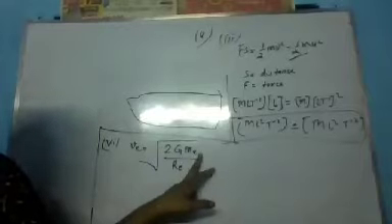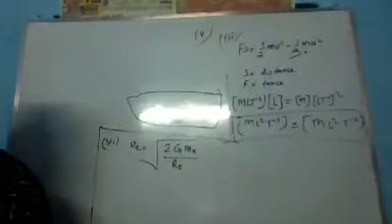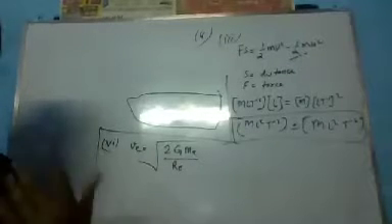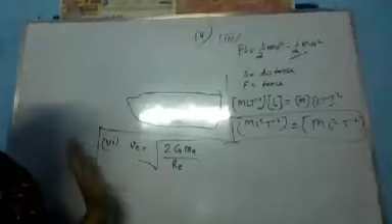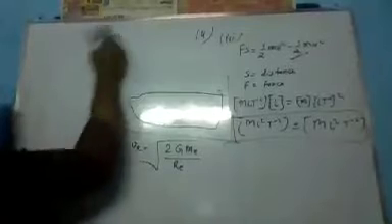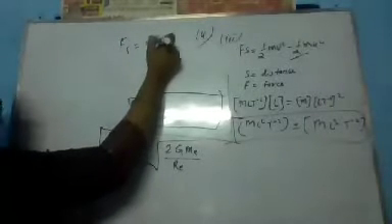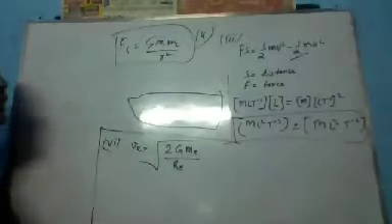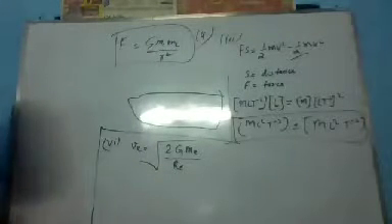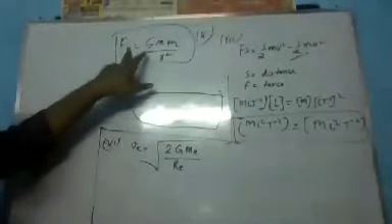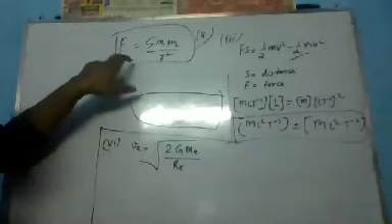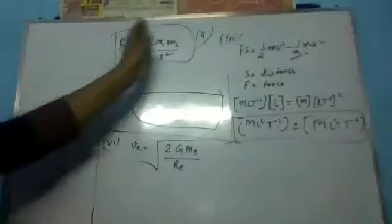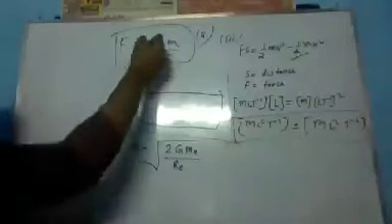Dimension formula for mass will be capital M, for radius will be capital L. Now G, capital G. I also don't remember the dimension formula of capital G. I used this formula and found out the dimension of capital G. It is not practical every time to remember all the dimension formulas. You can easily learn the dimension formula of force, mass, and radius. So apply the dimension formula, find out the value of G, and then apply here.